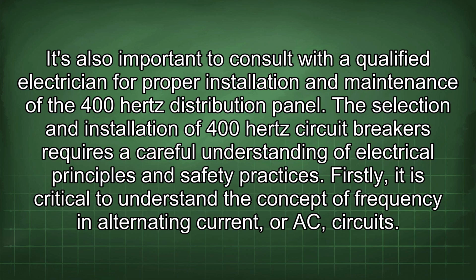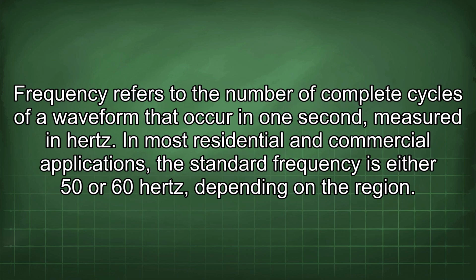The selection and installation of 400 Hz circuit breakers requires a careful understanding of electrical principles and safety practices. Firstly, it is critical to understand the concept of frequency in alternating current, or AC, circuits. Frequency refers to the number of complete cycles of a waveform that occur in 1 second, measured in Hertz.